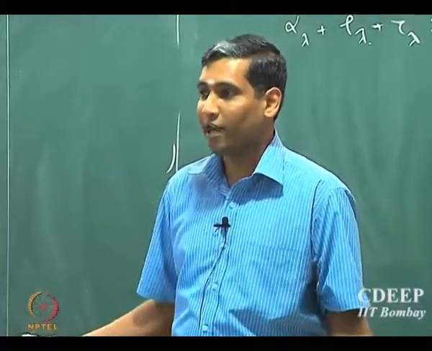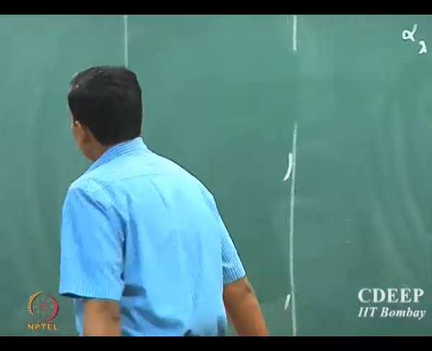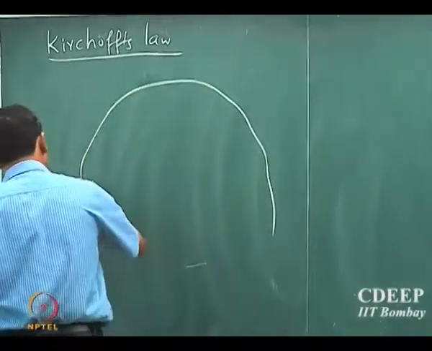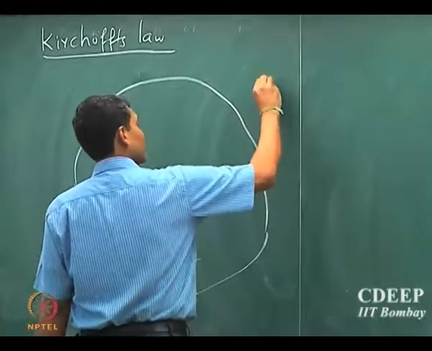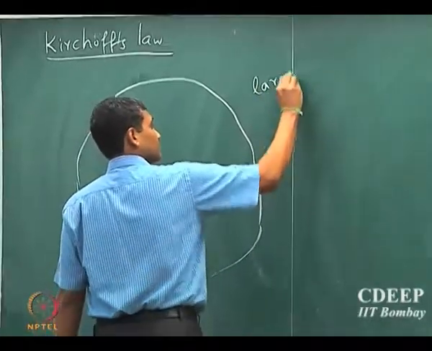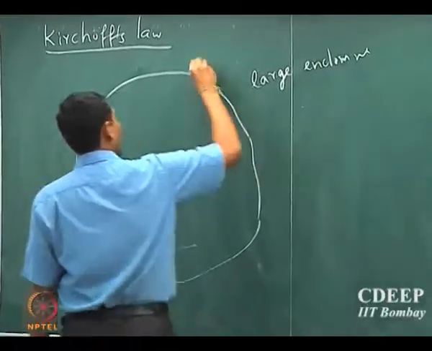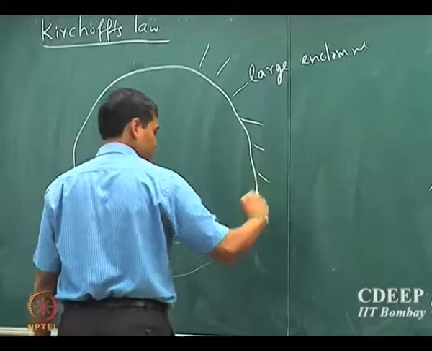So if we know the blackbody, we are done, right. So what Kirchhoff's law would do is, supposing you assume that there is a large enclosure, and let's assume that it's adiabatic.